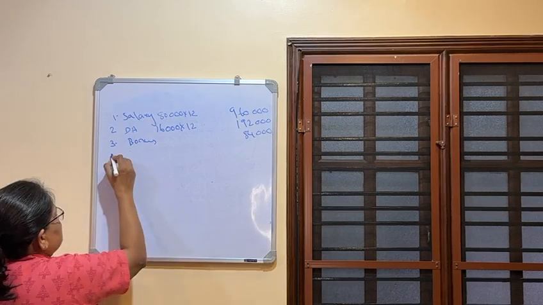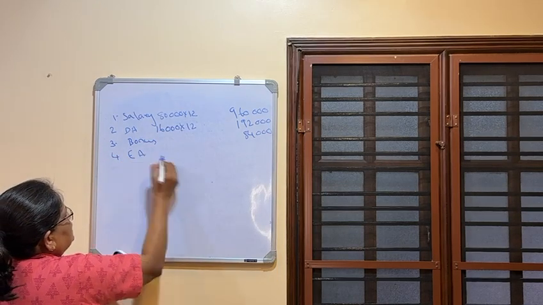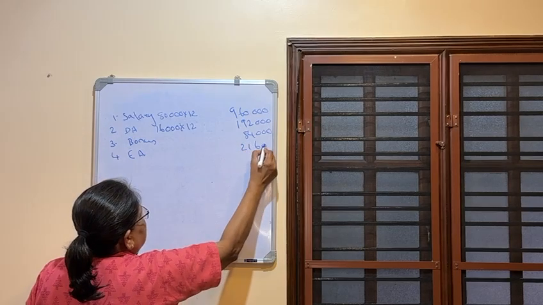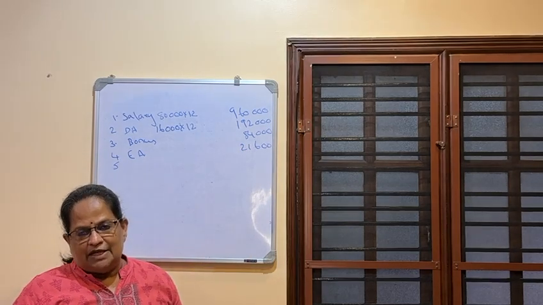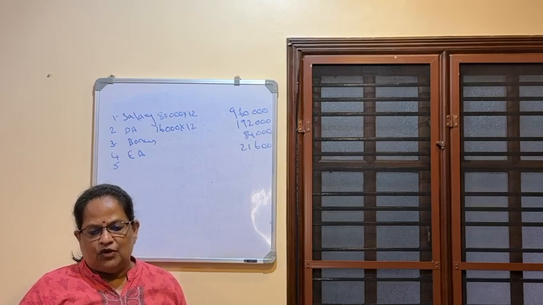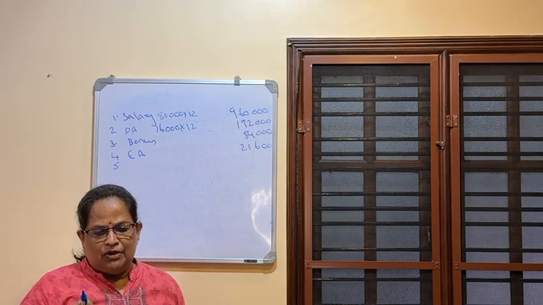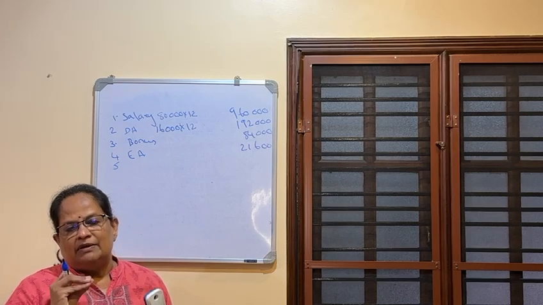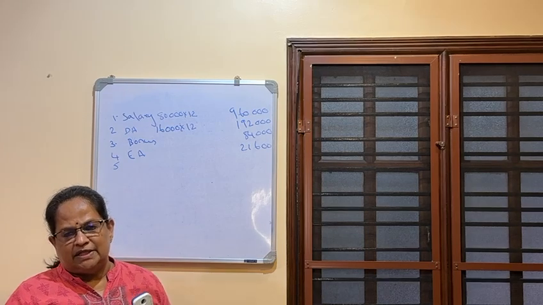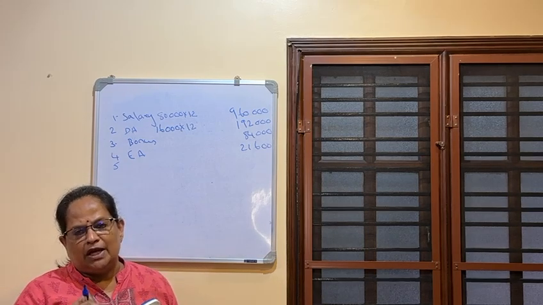So 21,600 education allowance. Now next is flight allowance. I told you, actually he received 48,000. Exempted amount is 70% of 48,000, that is 33,600, or 10,000 per month, 1,20,000.